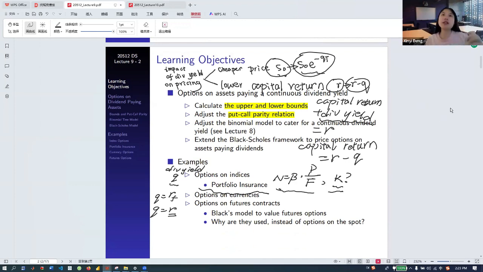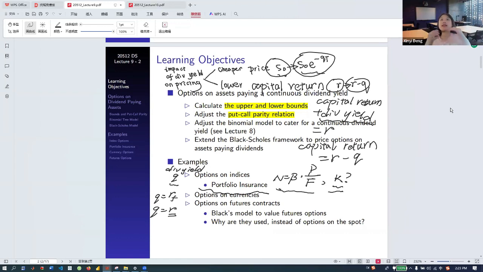The first intuition is that for a dividend paying underlying asset, you assume that the capital return remains the same, it just remains to be R. And then its price just starts off lower.